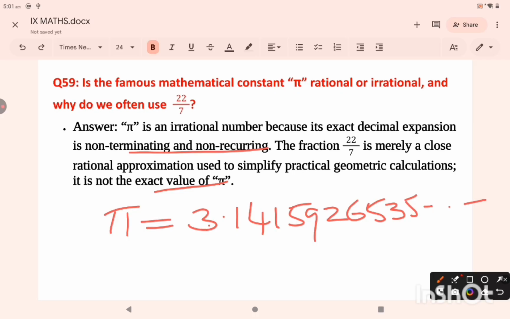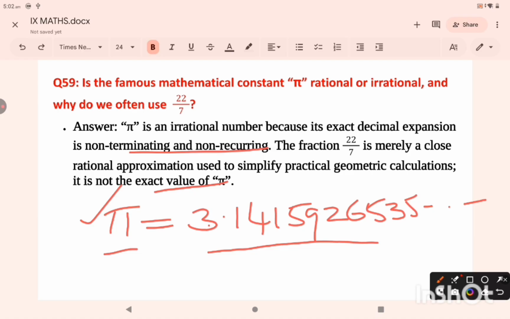This is a non-terminating, non-recurring decimal. Here we know that every non-terminating, non-recurring decimal cannot be expressed in the form of p by q. Therefore, pi is an irrational number.